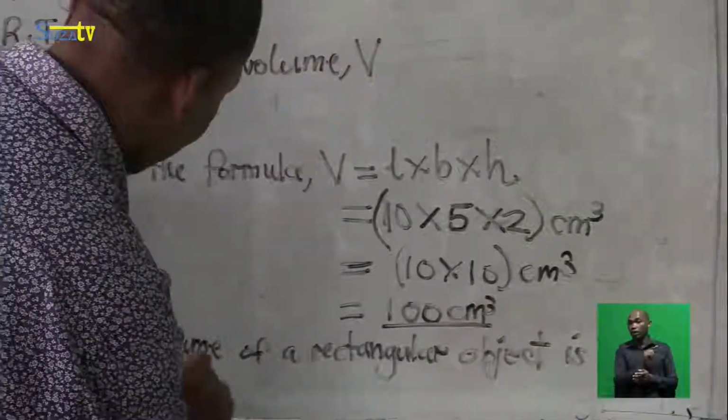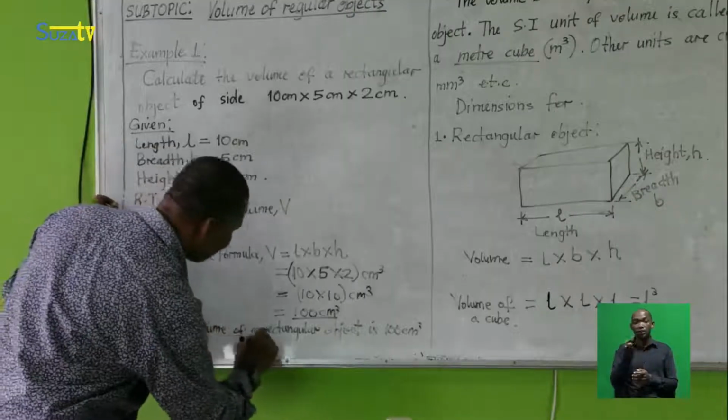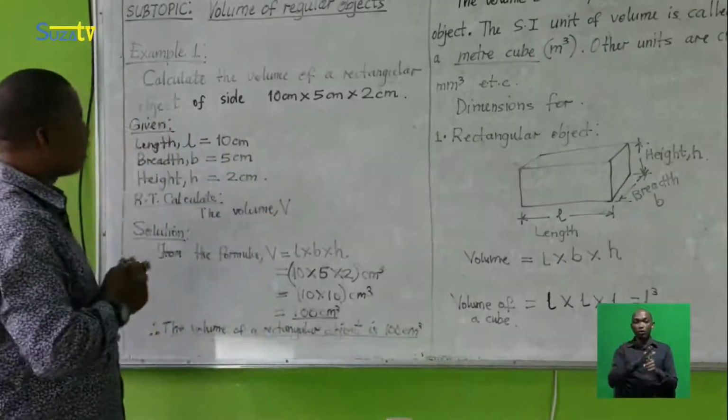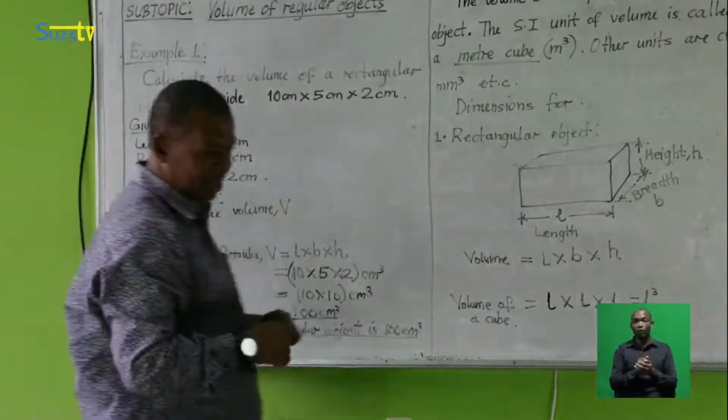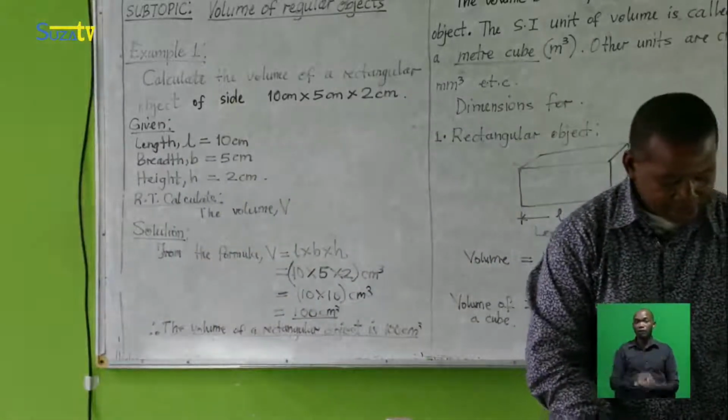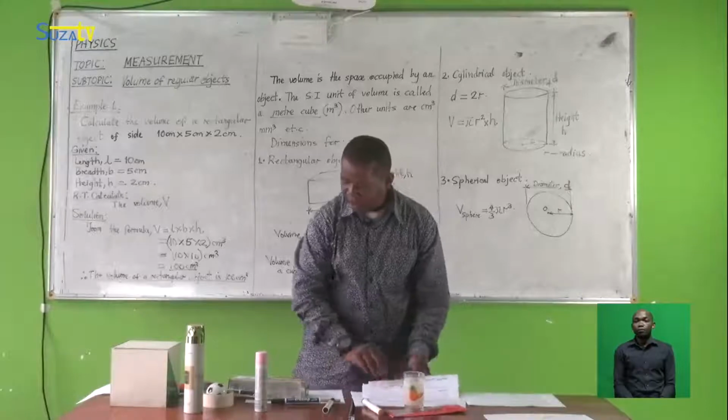You have to underline your answer. So that is the volume of the rectangular object. Now let us see the last example for today.